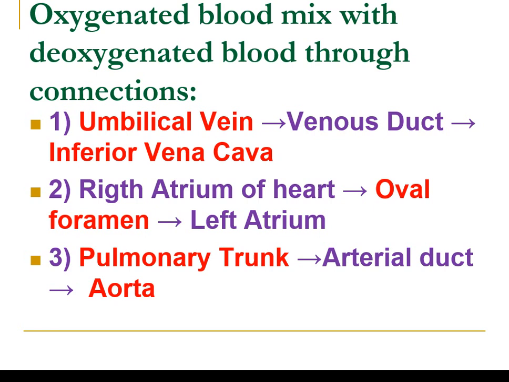The pulmonary trunk originates from the right ventricle. Vessels of the pulmonary circulation collapse, and the pulmonary trunk connects with the aorta by the arterial duct. That is the characteristic of the blood circulation connections. Umbilical vein, oxygenated blood; through the venous duct the oxygenated blood mixes with deoxygenated blood inside the inferior vena cava.